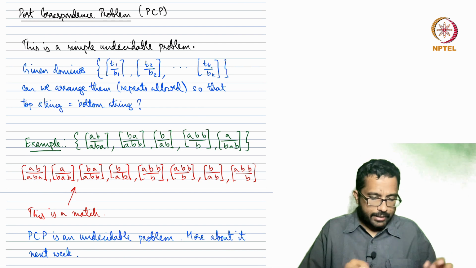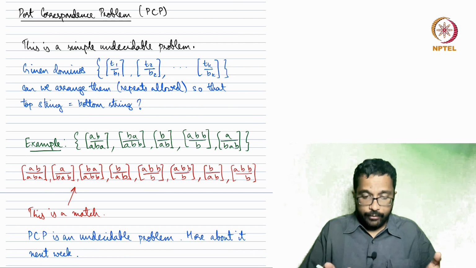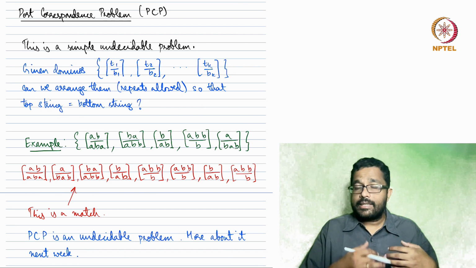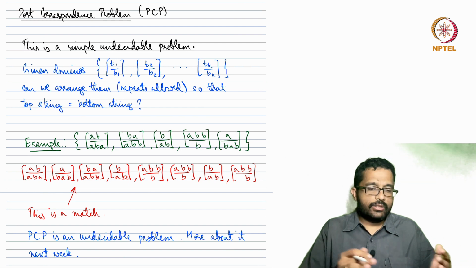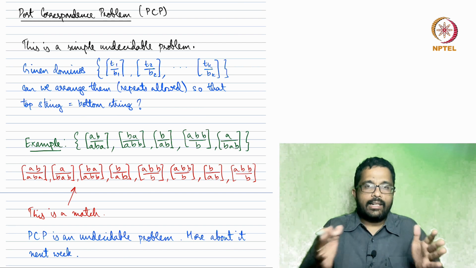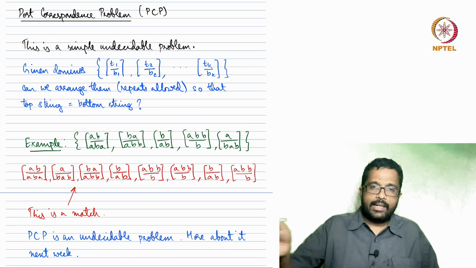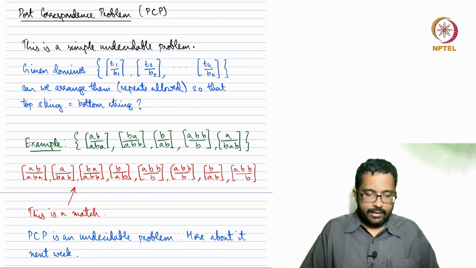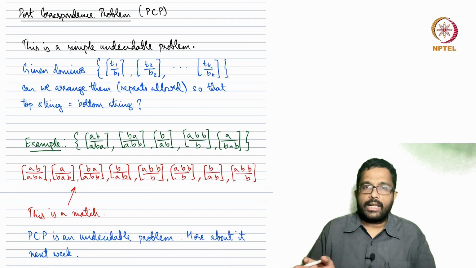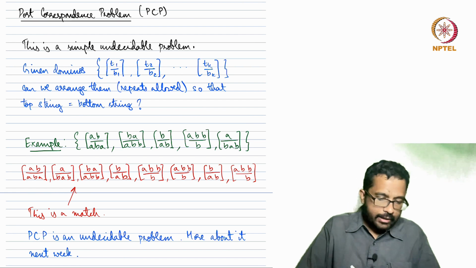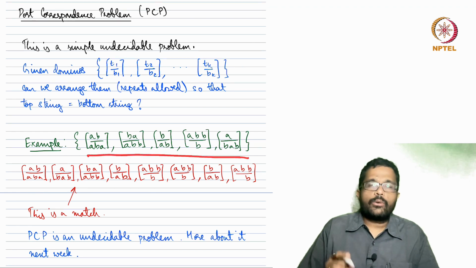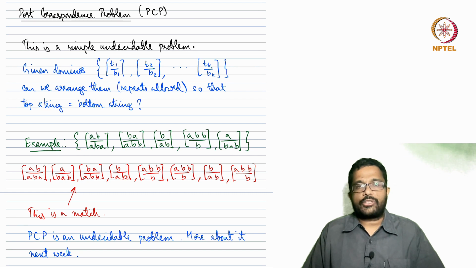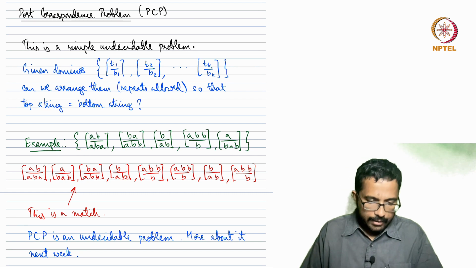Of course, in some cases by inspection you can figure out a match, and in some cases by inspection you can rule out a match, but there is no standard, clearly well-defined approach that will lead us to clearly saying yes, this has a match or this does not have a match. So the question is, given this instance, we have to figure out whether there is a match or not, yes or no. But it is an undecidable problem.